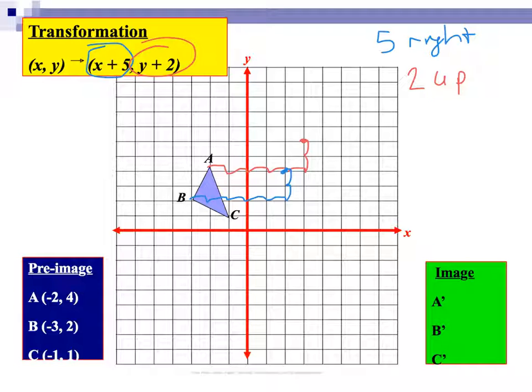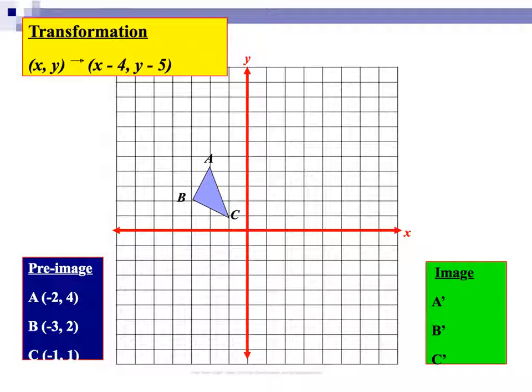And then C, same thing. 1, 2, 3, 4, 5. Stop, move up. 1, 2, put a point. Then you want to connect your dots. So this is A prime, B prime, and then C prime.